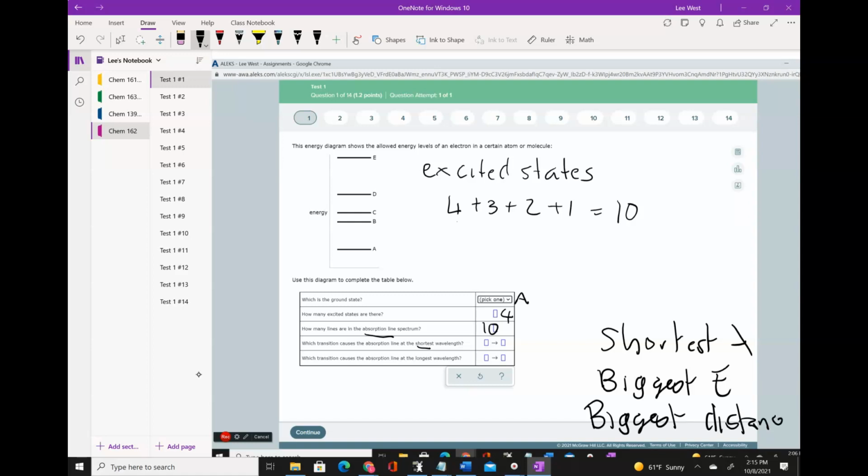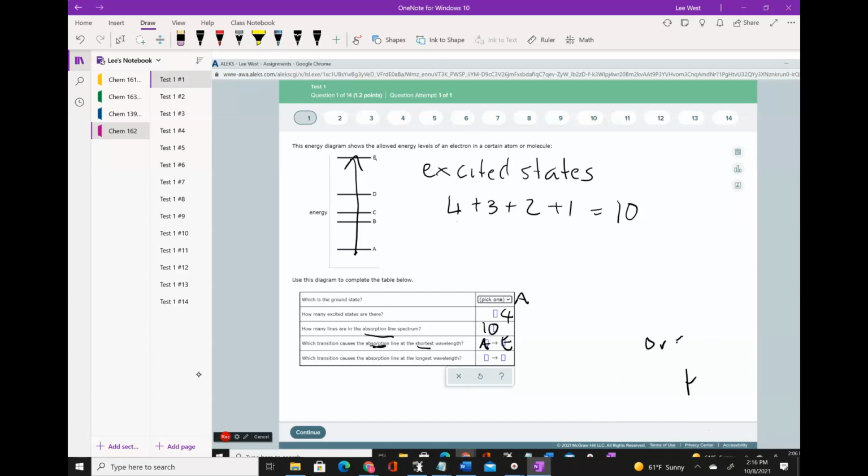So the biggest distance that an electron could move when it absorbs light, so remember you've got to be careful with absorption and emission, absorption is going up, would be when it goes from A to E. Now that's an absorption. If you said from E to A, that would be emission. So keep that in mind. So that one there is the one with the biggest energy or the shortest wavelength.